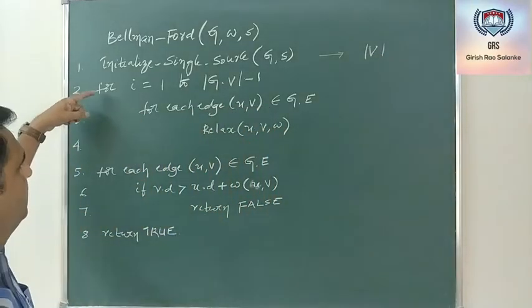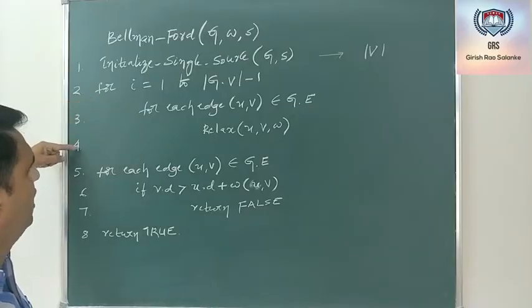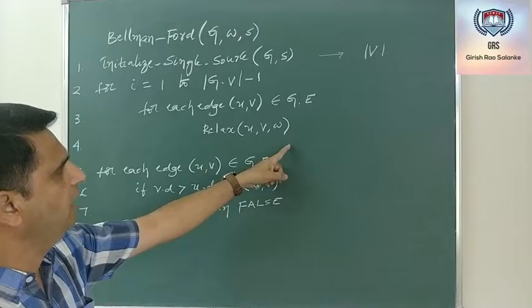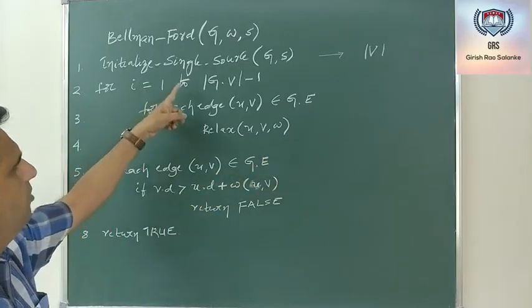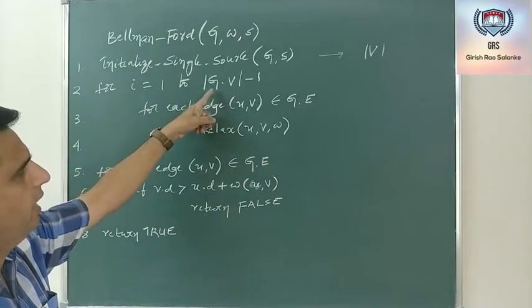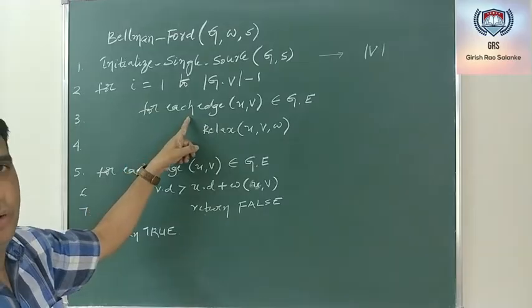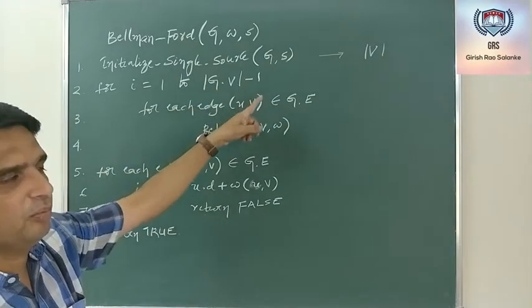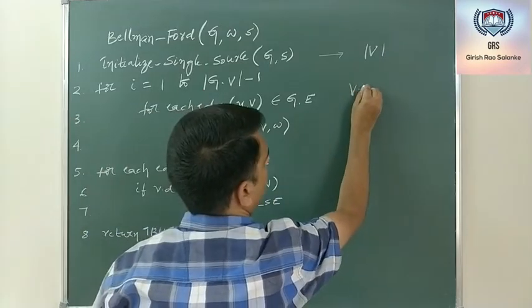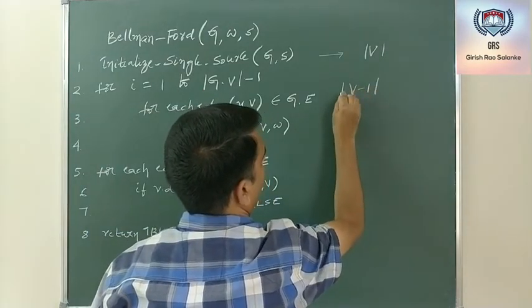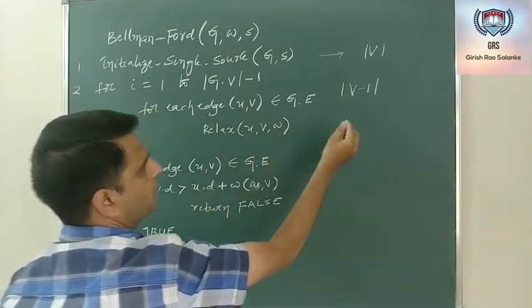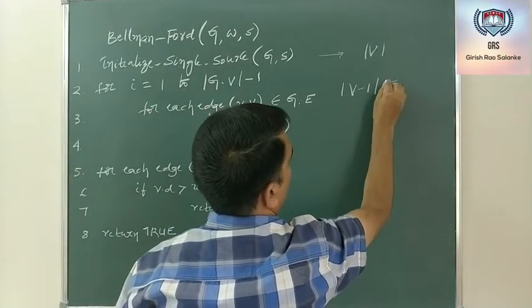Now coming to the second, third and fourth steps. Here I need to do relaxation. How many times do I do relaxation? It depends upon how many times the outer for loop gets executed and how many times the inner for loop gets executed. The outer for loop gets executed V minus 1 times, and the inner for loop gets executed E number of times.